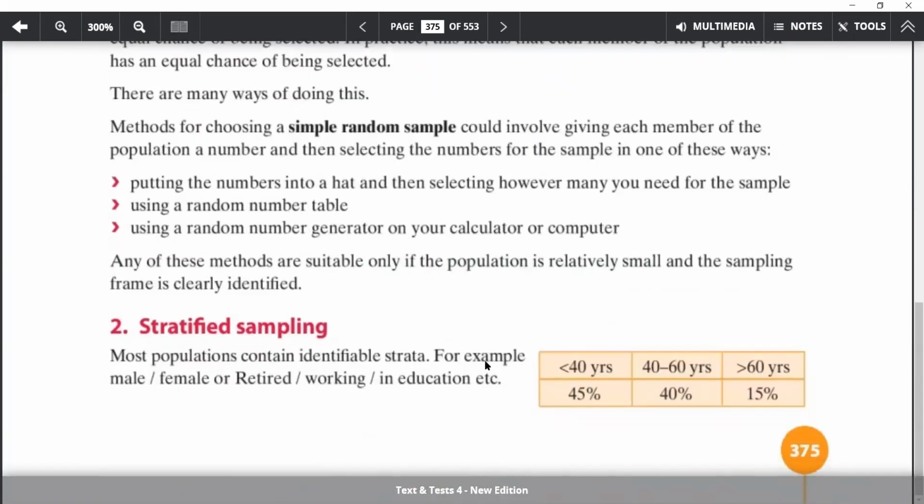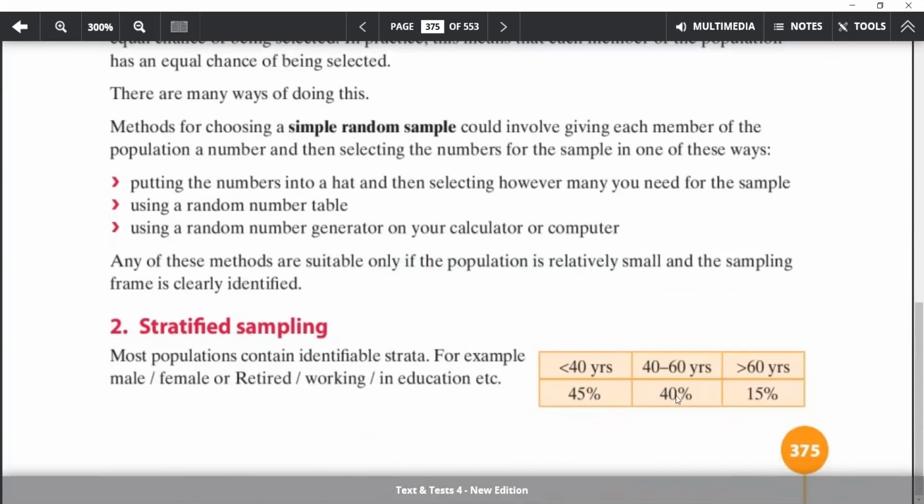So other ways to do it, one would be a stratified sample. If you want to make sure that you're well represented in terms of ages, you might go to the census data and say, well, I know in Ireland that 45% of people are less than 40 years old. So in my sample, I need to make sure that 45% of my sample are under 40 years old.